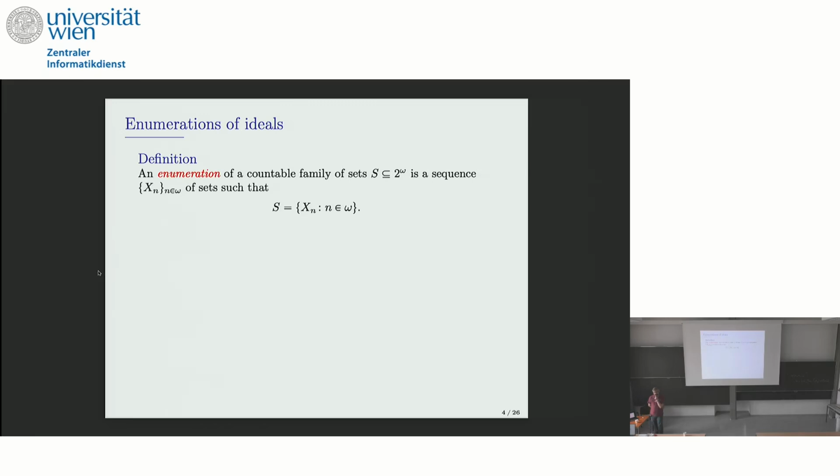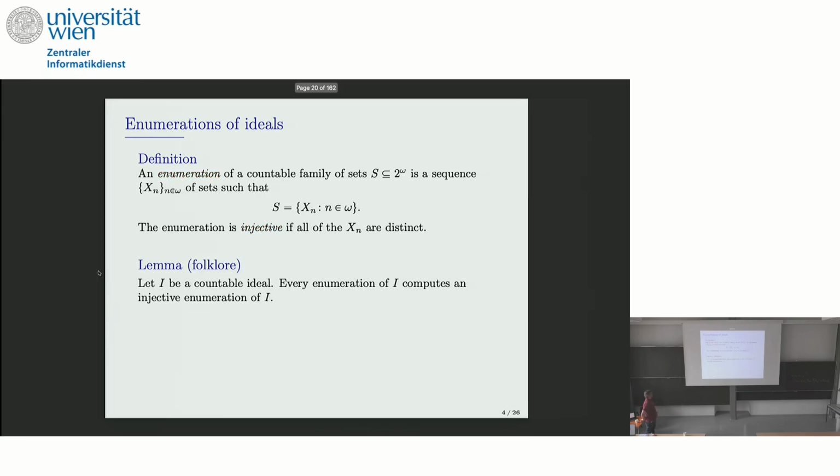An enumeration of a countable family of sets is a sequence of sets x_n. So the point is that the family is equal to the sequence of x_n's. The order of the sequence doesn't really matter. It's just a way of listing all the sets in S. An enumeration is injective if each set appears exactly once.